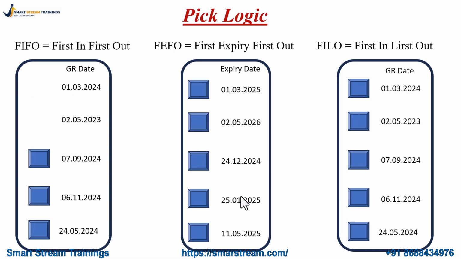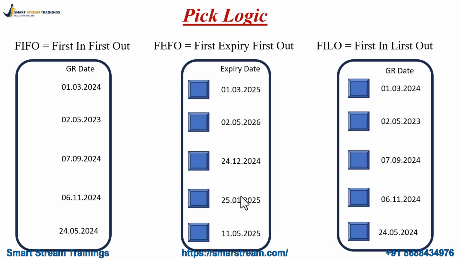And the bottom one we received in the fifth month. So the system will automatically pick that one, and this one, and this one. This is what we can say is FIFO logic, first in, first out, based on the GR dates of the product. When we have received the product, this FIFO is going to work.